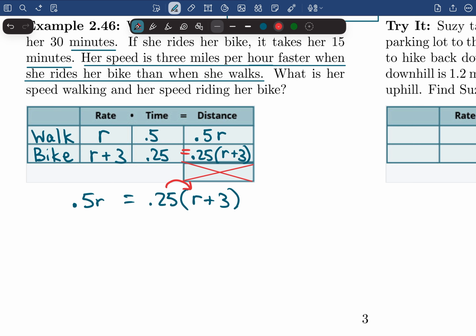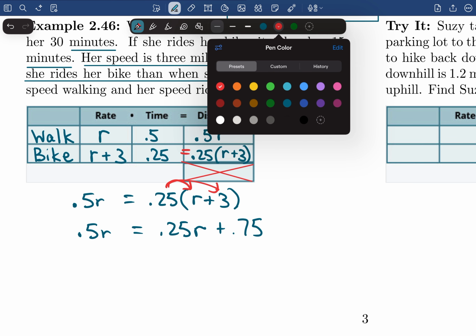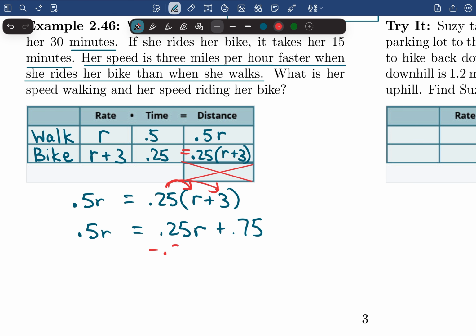So I'm going to distribute 0.25 into both of these terms. I will rewrite the equation. And 0.25 times 3 is 0.75. There it is. Now I've got to get all the terms with r, all the variable terms, to the same side of the equation. So I'll do that.